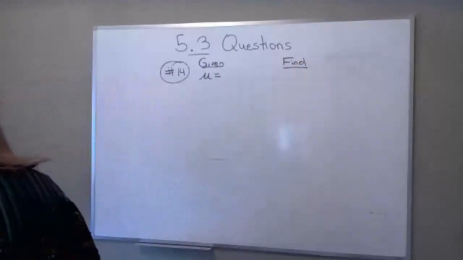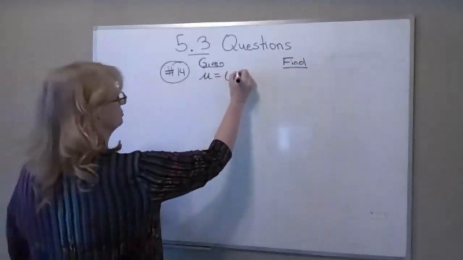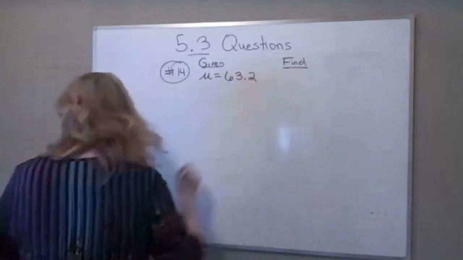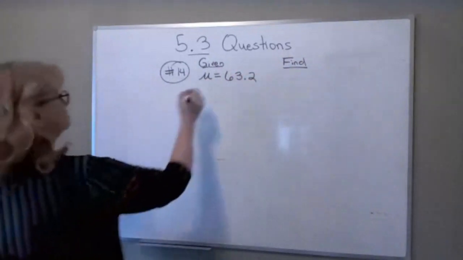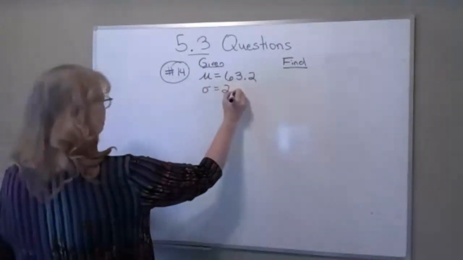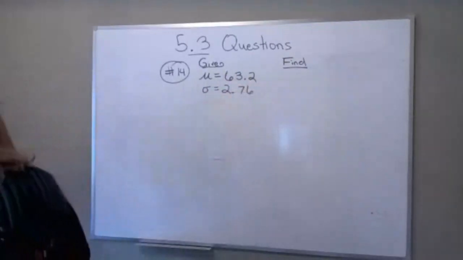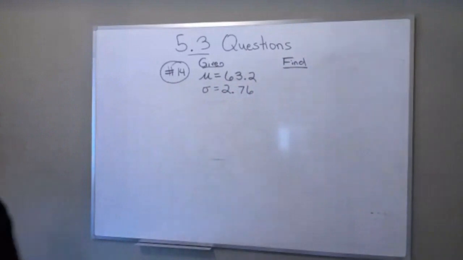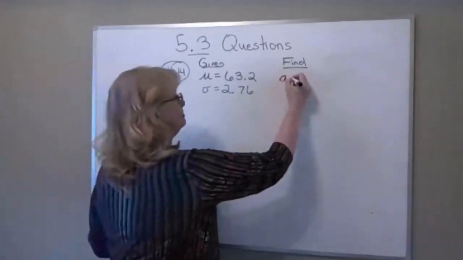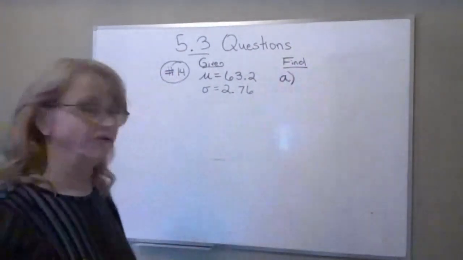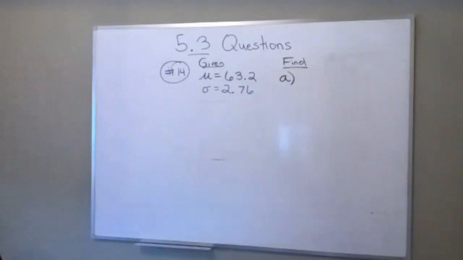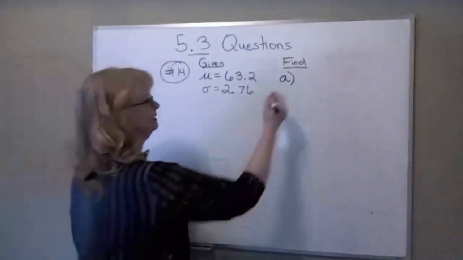Given, the mean height is 63.2 with a standard deviation of 2.76 inches. It says, answer the following questions about the specified normal distribution. And there's an A and a B part. So let's write the A part first. A part says, find what height represents the 95th percentile.